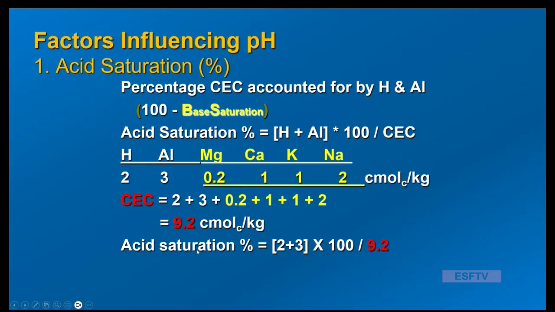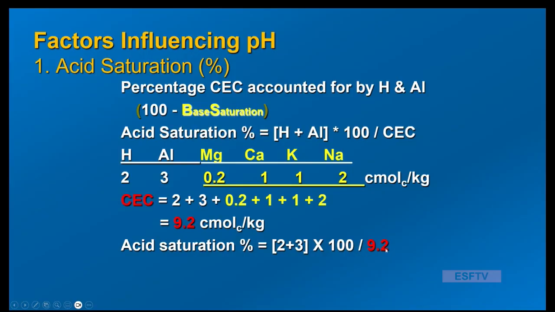The acid saturation, next we build on that. So the H and aluminum as a proportion of the CEC, and here we just plug this into the formula: 2 for hydrogen, 3 for aluminum. We're multiplying by 100 to convert to percent and dividing by total CEC, 9.2.